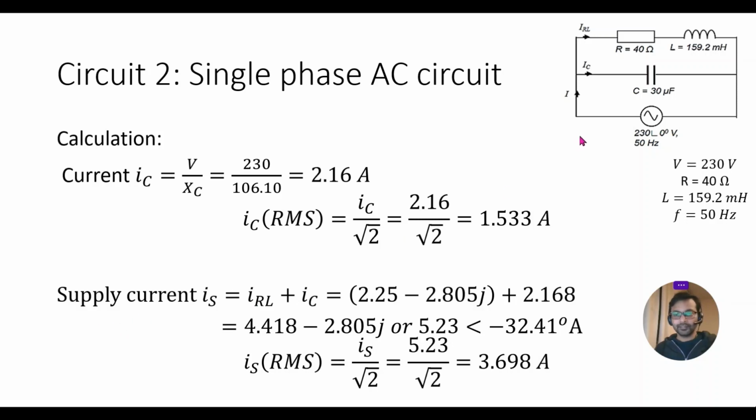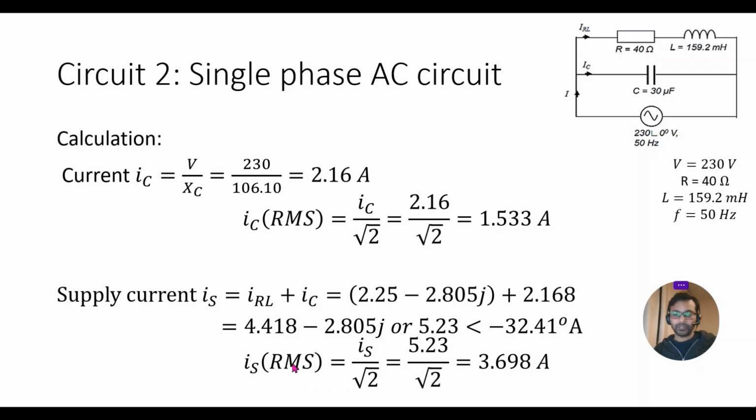And now, using Kirchhoff's current law, we can find out the supply current. The current flowing into a node and the current flowing out of the node are the same. If we add them together, it's going to give me the supply current.